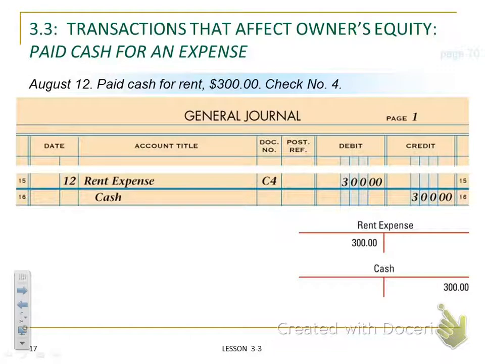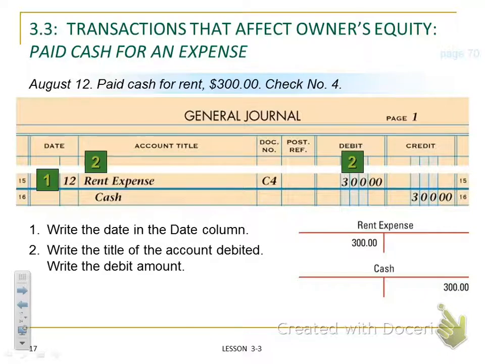To record this transaction in our journal, again, we would start with our date on the 12th, and we're going to debit our rent expense, so we're going to put the rent expense on the left side of the account title column, and we're going to debit our $300 rent expense.